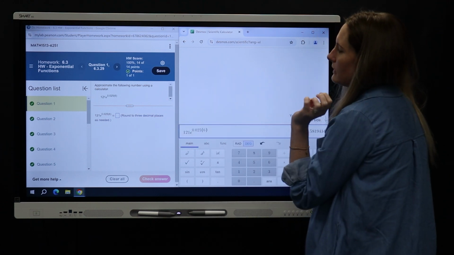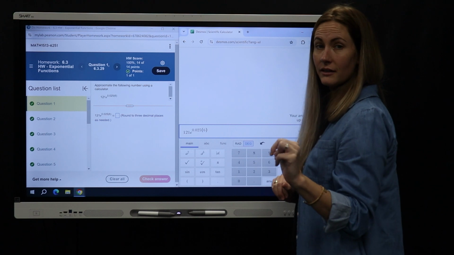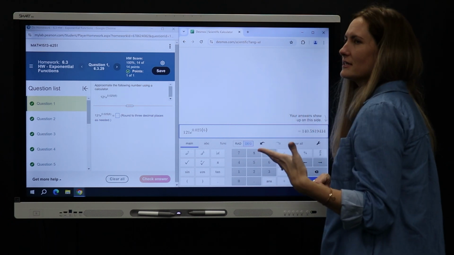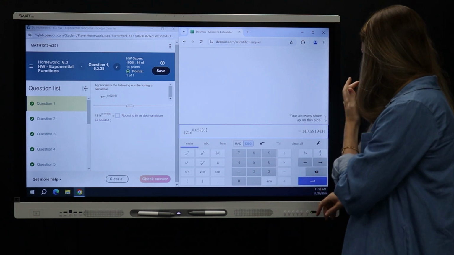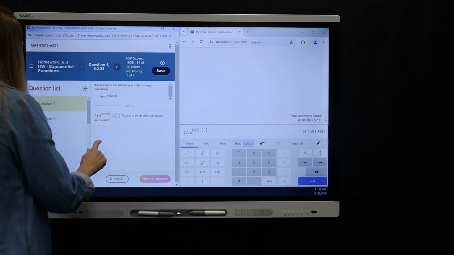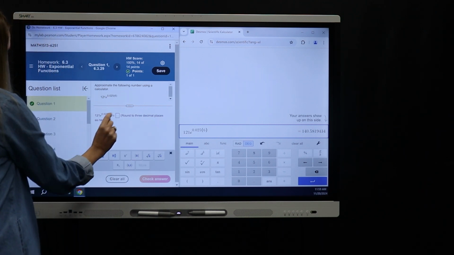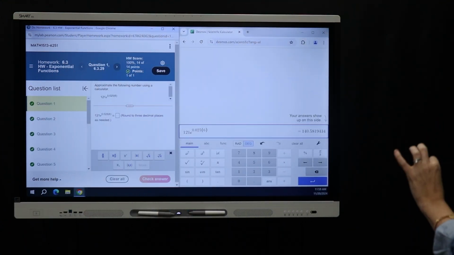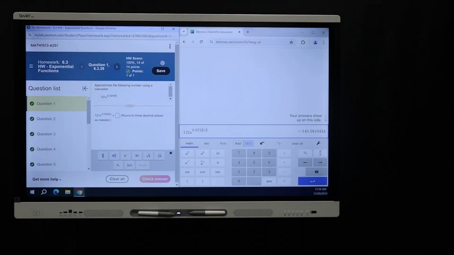If you can type it in exactly how you see it, you're less likely to have human error. Because I could have multiplied these numbers in the exponent and put that in there, but if I can type it in exactly how I see it, I'm less likely to make a simple mistake.